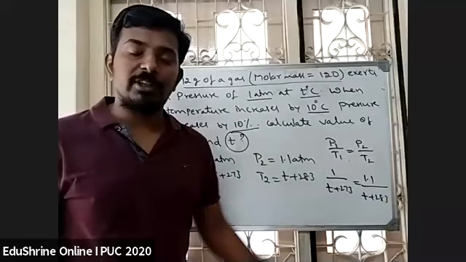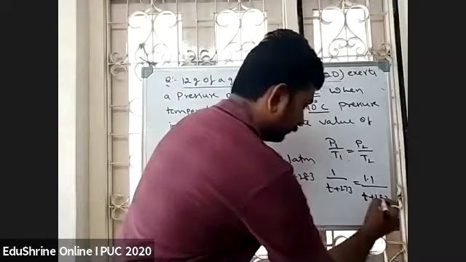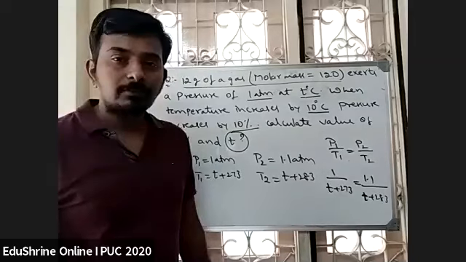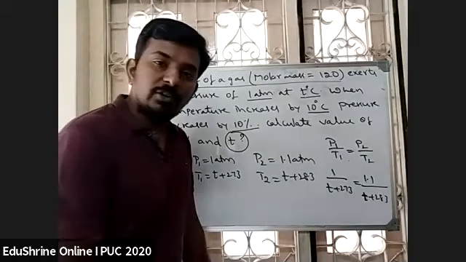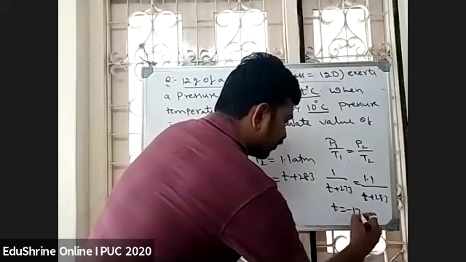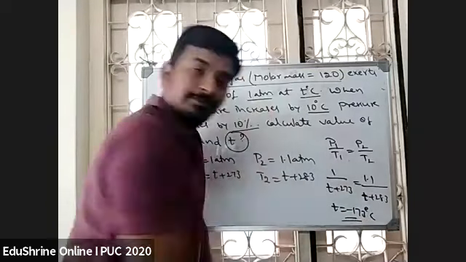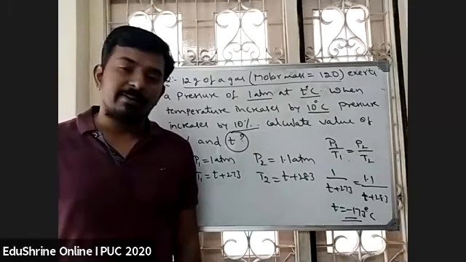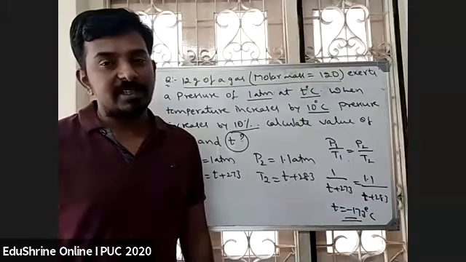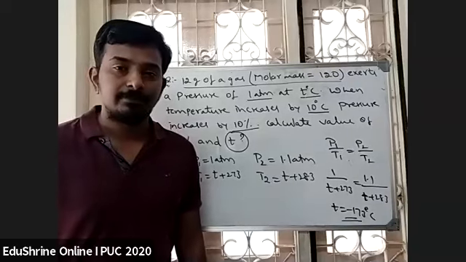Tell me students, what will be this value? So you will get T value is minus 173 degrees centigrade. If you solve this, you will get the value of T is minus 173 degrees centigrade.